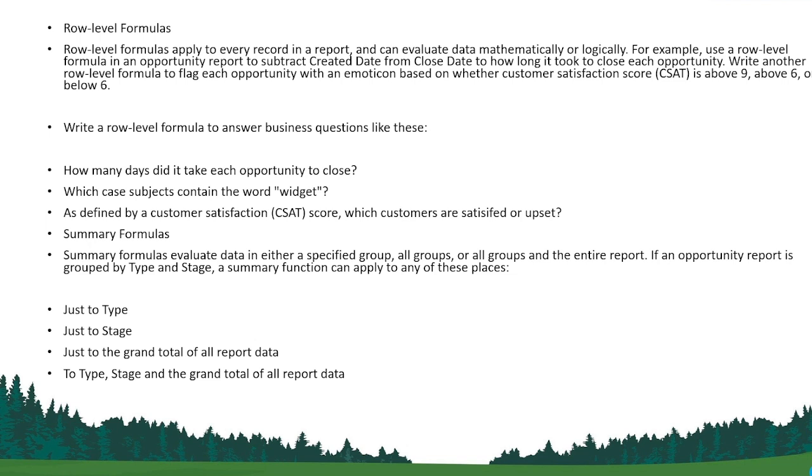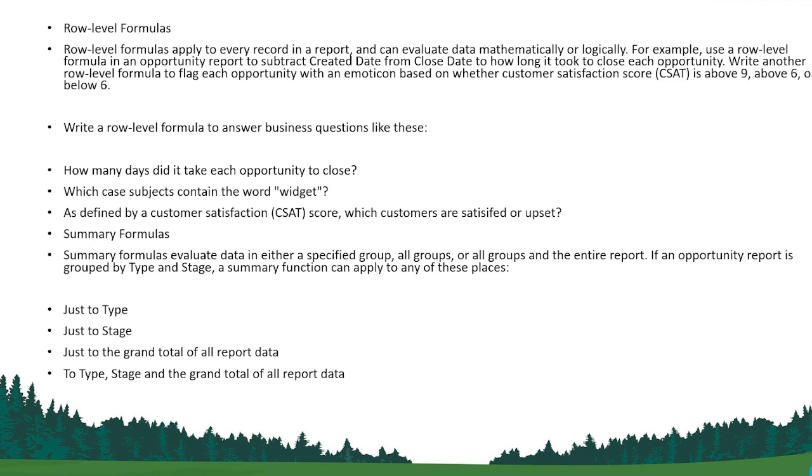You can also write another row level formula to mark each opportunity with an emoticon. You can write a row level formula to answer business questions. You can have many different business questions.